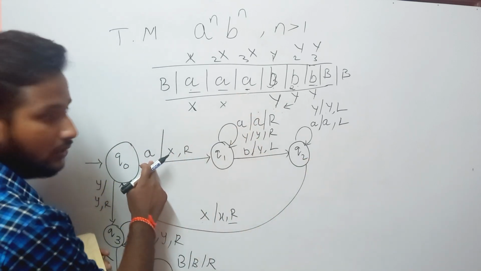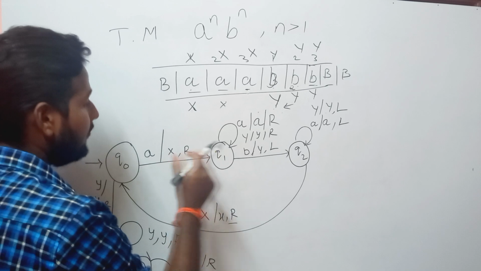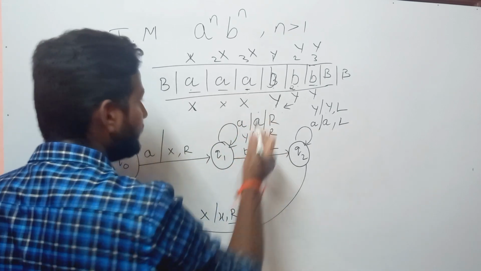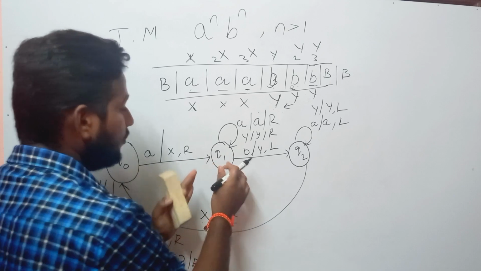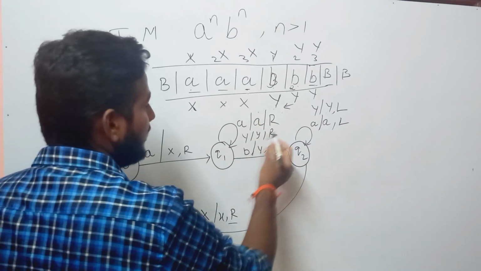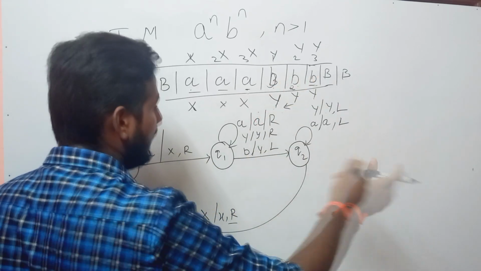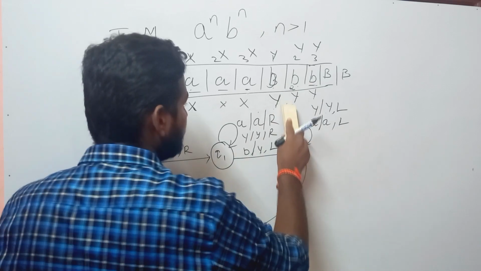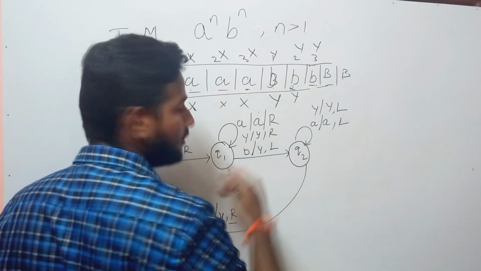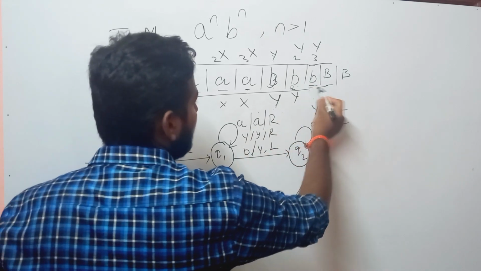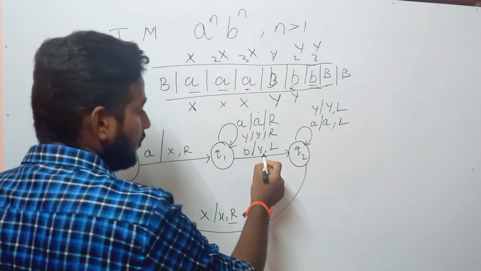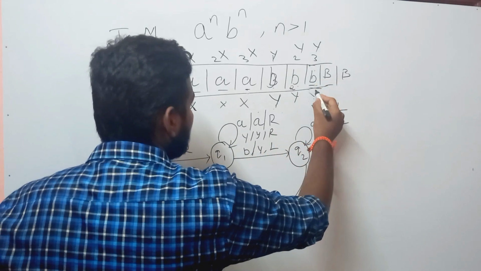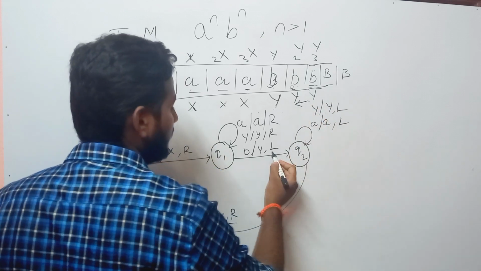Then we reach the third A. This A is converted into X and the state changes from Q0 to Q1. Then Y is simply ignored, remaining Y and moving right, and the other Y also moves right until we get the third B. This third B is changed to Y and the direction moves towards the left.